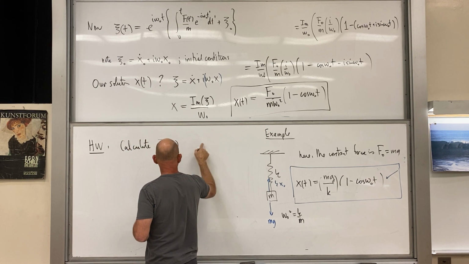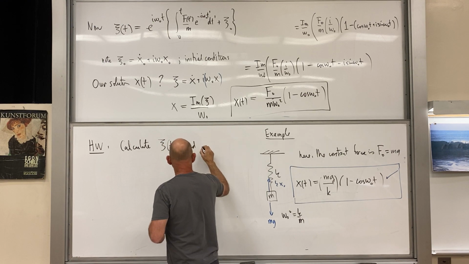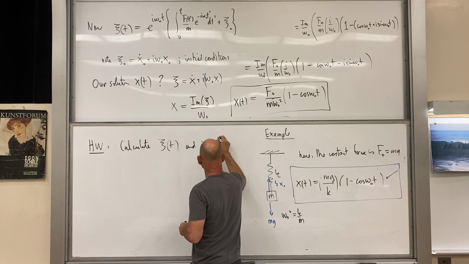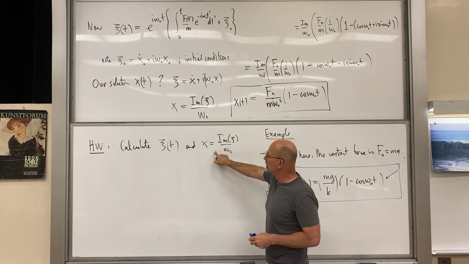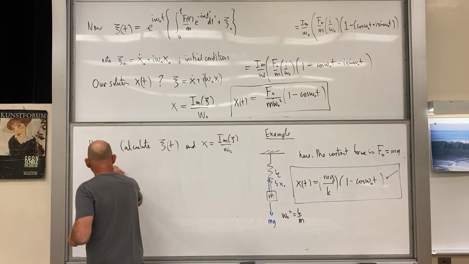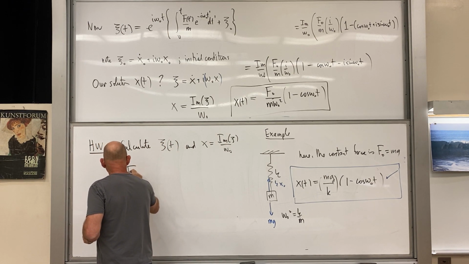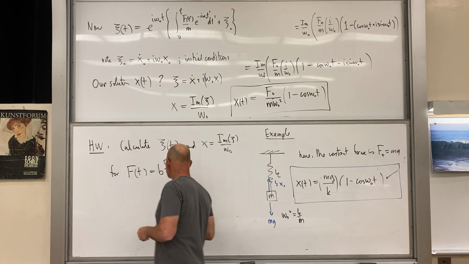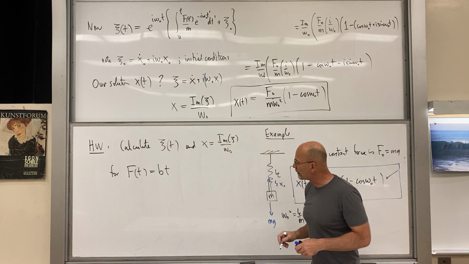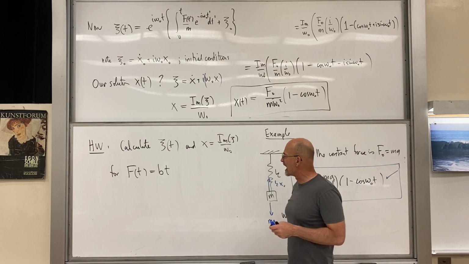C of t, and x equals imaginary part of c over omega naught, right? This is what we really want, for f of t just some constant times t. Okay, so this is a force that grows linearly in time.